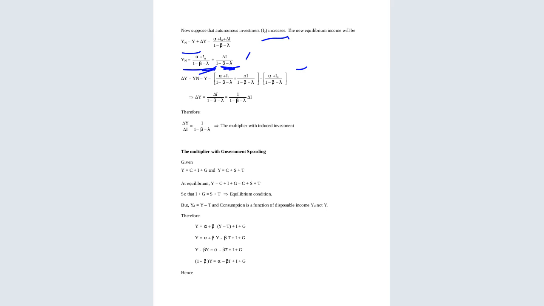So this part here will simply cancel with this one. So what you have now, the new equilibrium income will be given by the change in investment over 1 minus beta minus lambda. This is our new equilibrium.